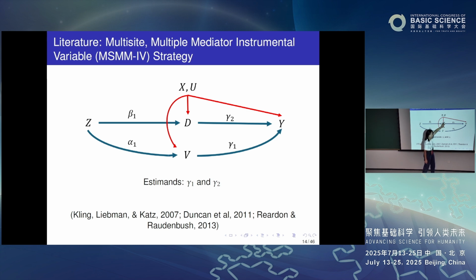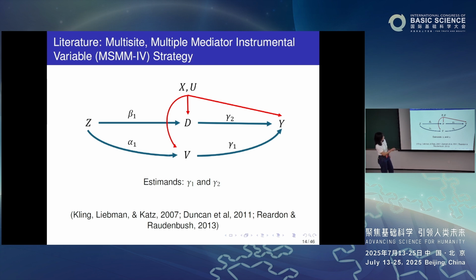They're conditionally independent given Z, X, and U. And also, you realize that there is no direct impact of Z on Y, which we think we shouldn't simply ignore.